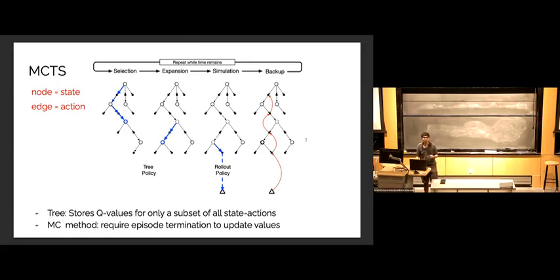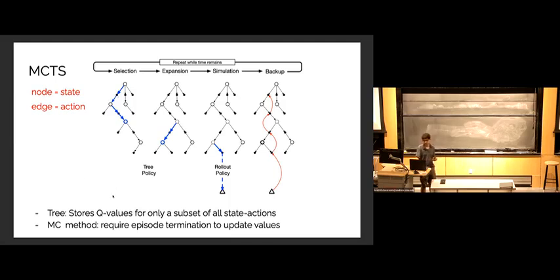Monte Carlo tree search consists of 4 steps: selection, expansion, simulation, and backup. Just some basic terminology. These nodes represent each of the states. These black edges represent actions between those states.